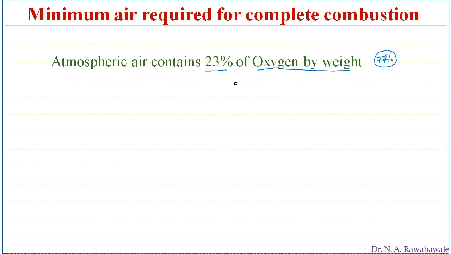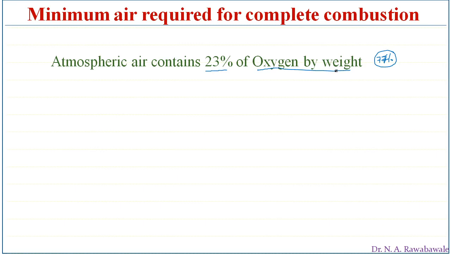If we want a quantity of oxygen, how much air is required? 1 kg of air contains only 23% oxygen, that is 230 grams of oxygen. And if we need 1 kg of oxygen, we have to take that much air so that the requirement can be fulfilled.